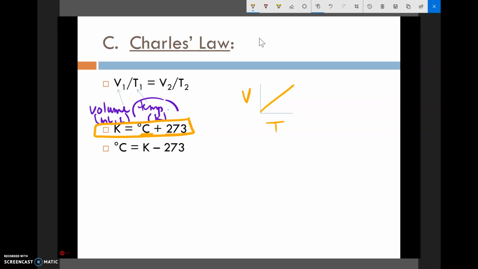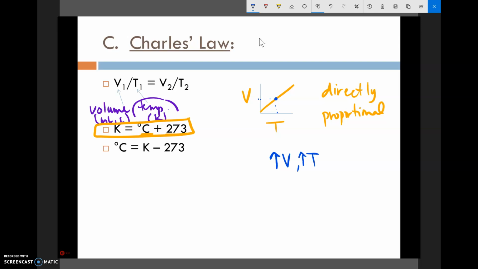Okay, this is directly proportional, so we're dealing with a directly proportional graph. Sometimes this is known as just a straight line graph. And so what this means is that if we choose a plot point on this graph, like right here, okay, notice that the temperature is increasing, but also our volume is increasing.